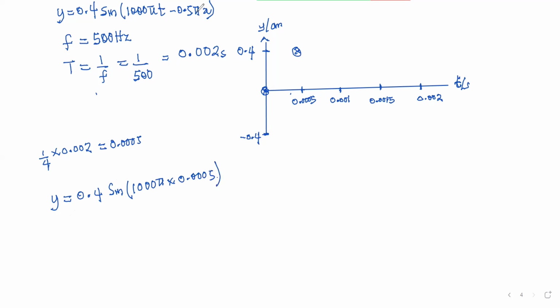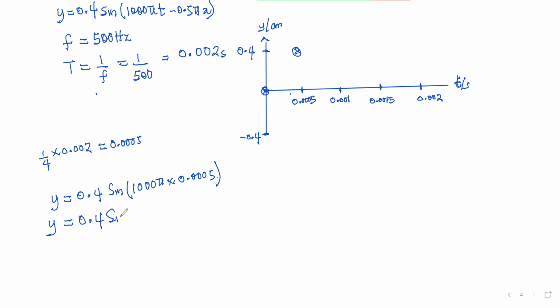The phase constant will go to 0 because we are not giving a corresponding x. We are only plotting y against time. So multiply 1,000 by 0.0005.